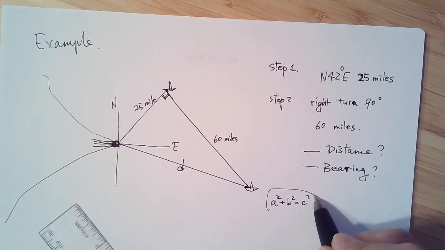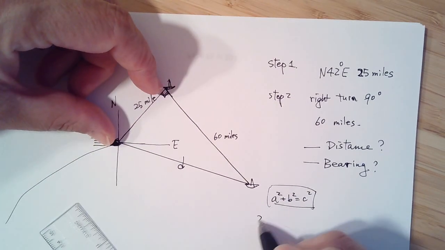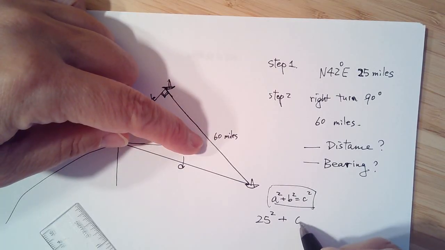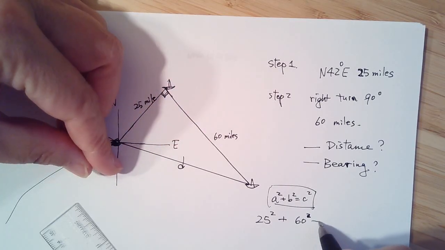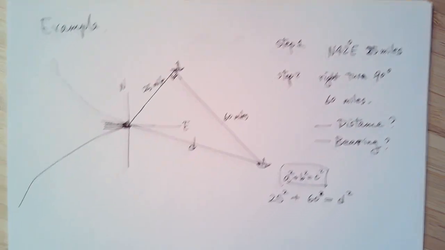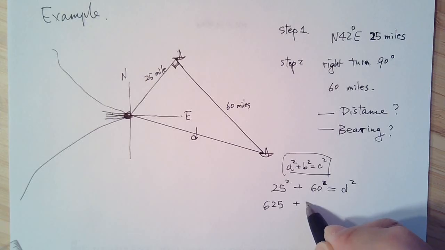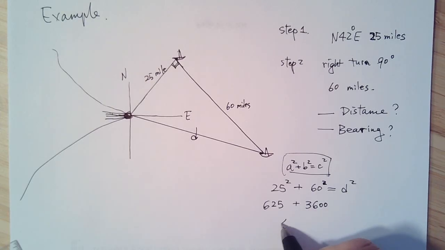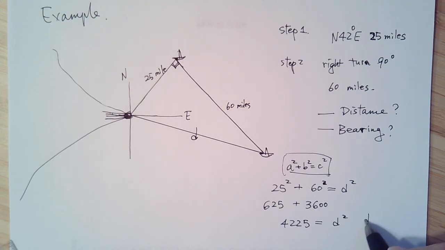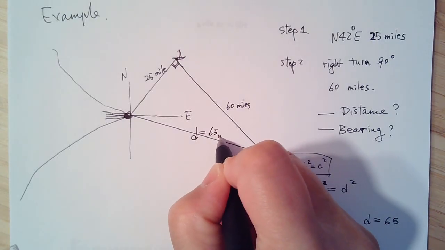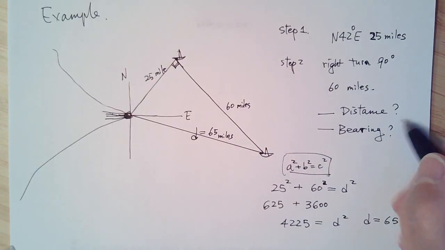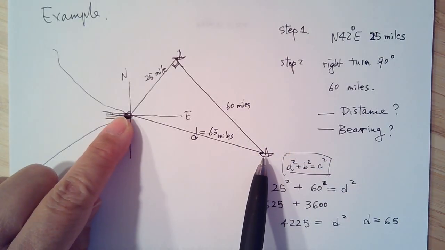In my case, it's 25 squared plus 60 squared equals d squared. 25 squared is 625. 60 squared is 3600. Which is 4225 equals d squared. Therefore, d equals 65. D is 65 miles. So what is the distance? You are 65 miles away from me now.